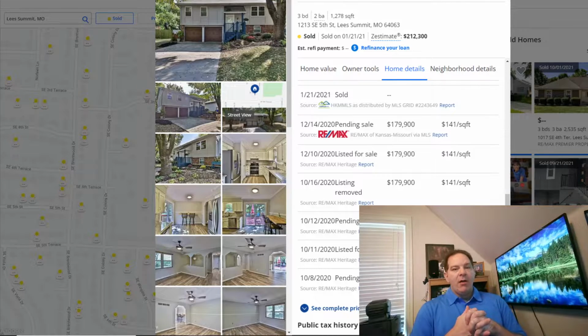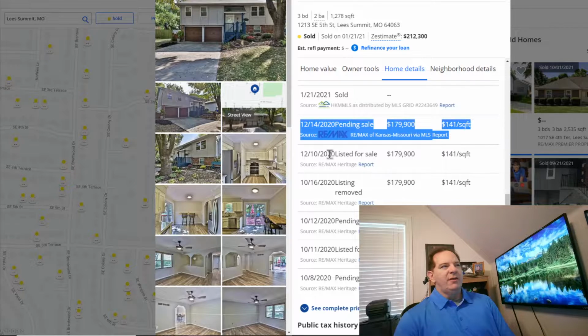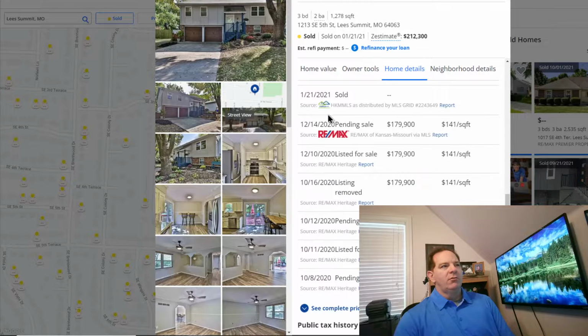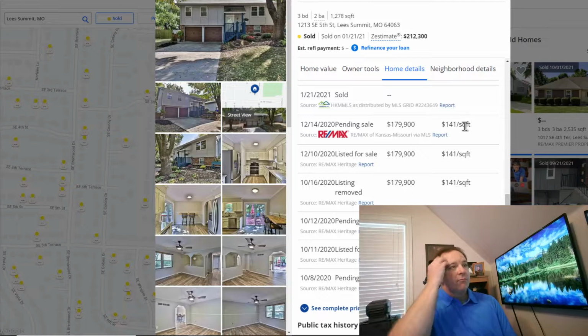Now that's the type of sale time frame we're looking for, and it was listed at that, and then right here, let's see, listing was removed after they had a contract on the house. Or maybe closed, and then was relisted for sale because that contract fell through, and then it was resold at the end of 2020 for the same price.